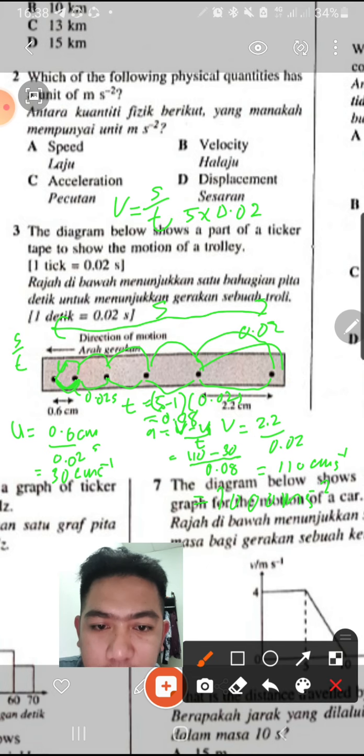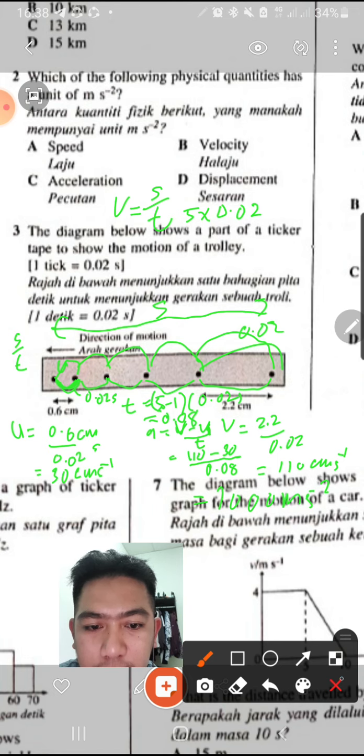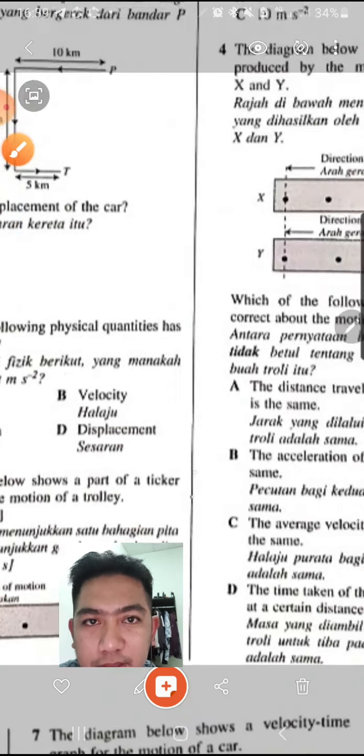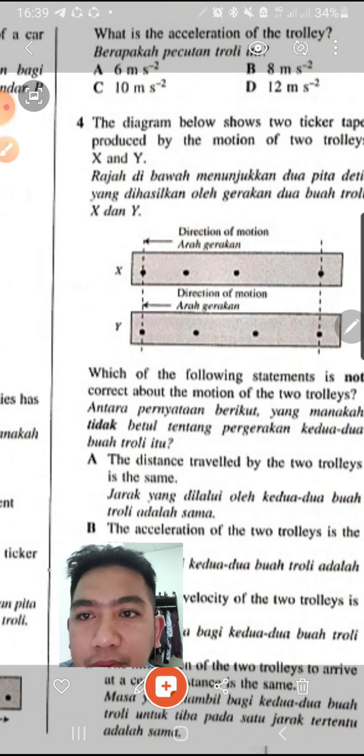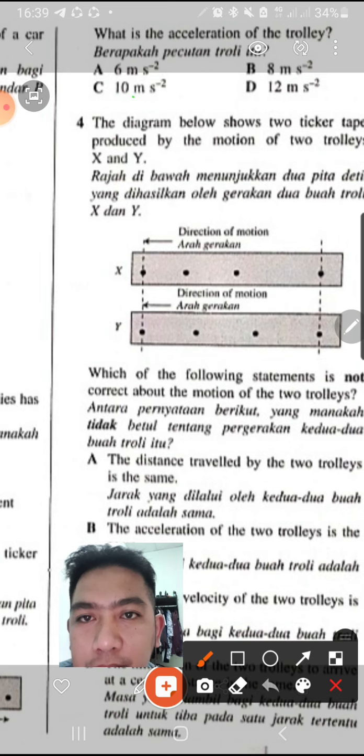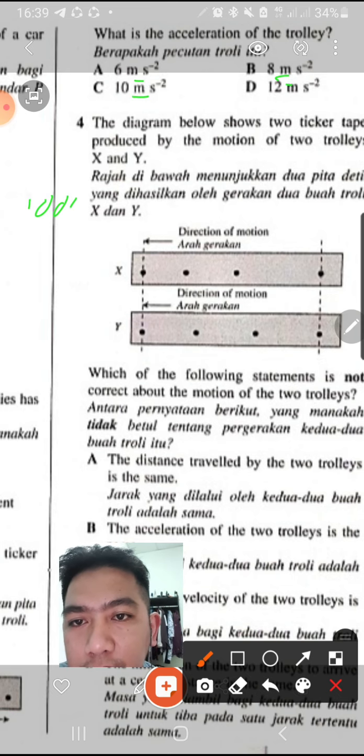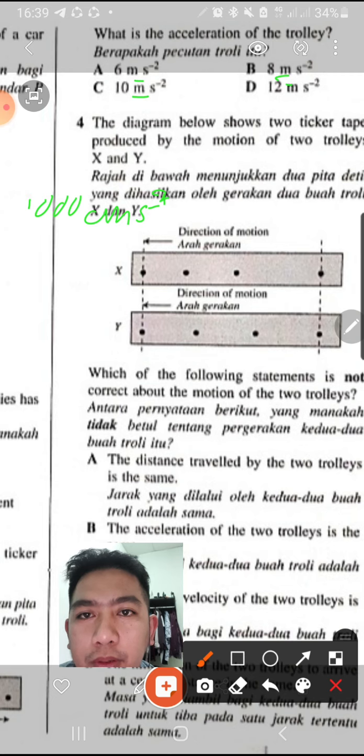Right, cikgu continue. So now you get 1000 meter per second square. Let's check the answer. Okay, answer dia give in unit meter kan. So tadi kita dapat 1000 centimeter per second square. So kamu kena convert lah this one, 1000 ini pergi meter.